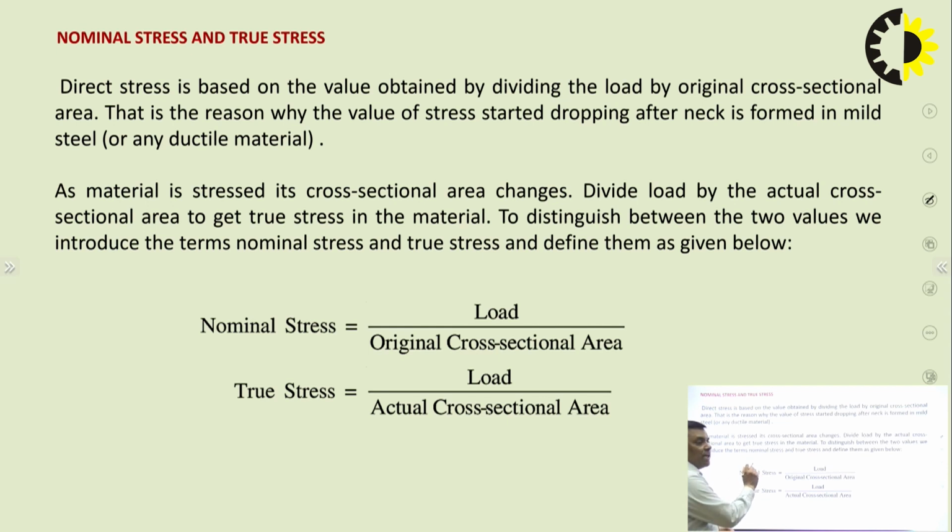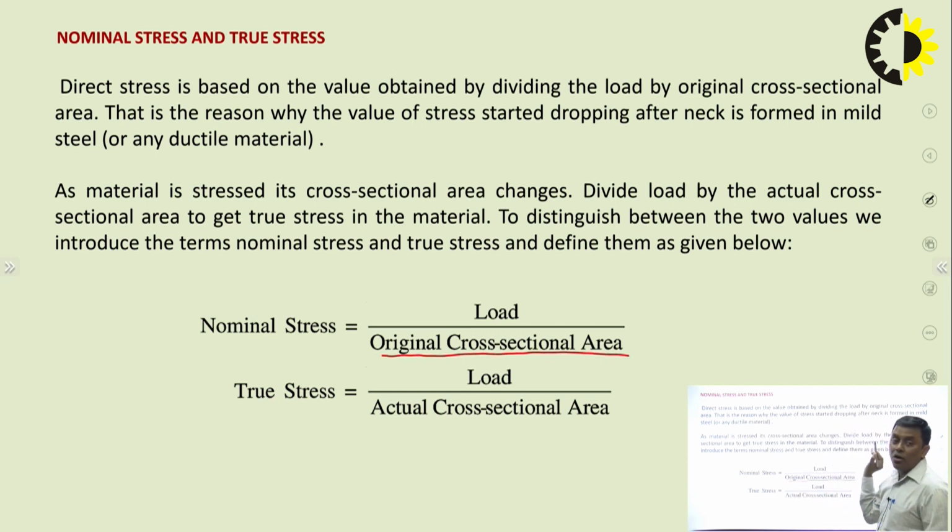Nominal stress is when the stress is calculated with respect to the original cross-sectional area. Suppose this is my specimen in the beginning, and then a load is applied.